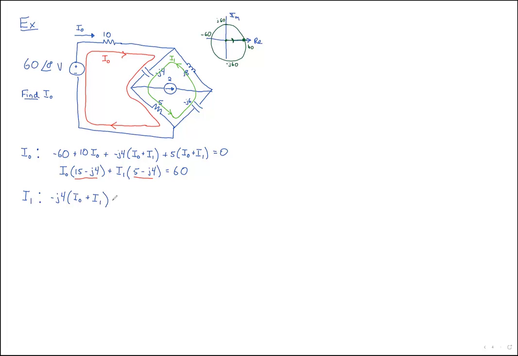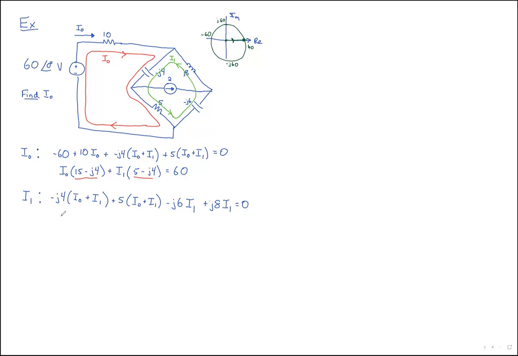Let's see, going down this 5, we've got also I naught and I1 contributing to that. Going up here through the J6, it's only going to be I1 contributing to that. And going up to J8, it's only the I1 contributing to that too. And all this has to be equal to 0.